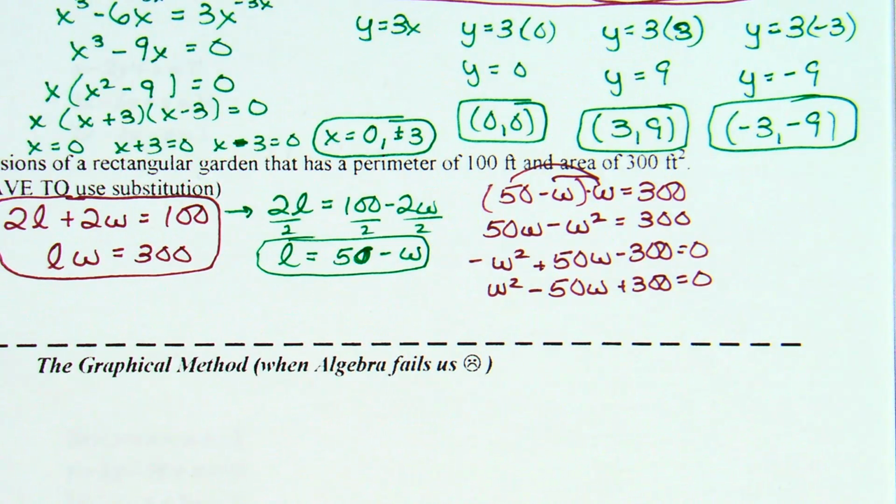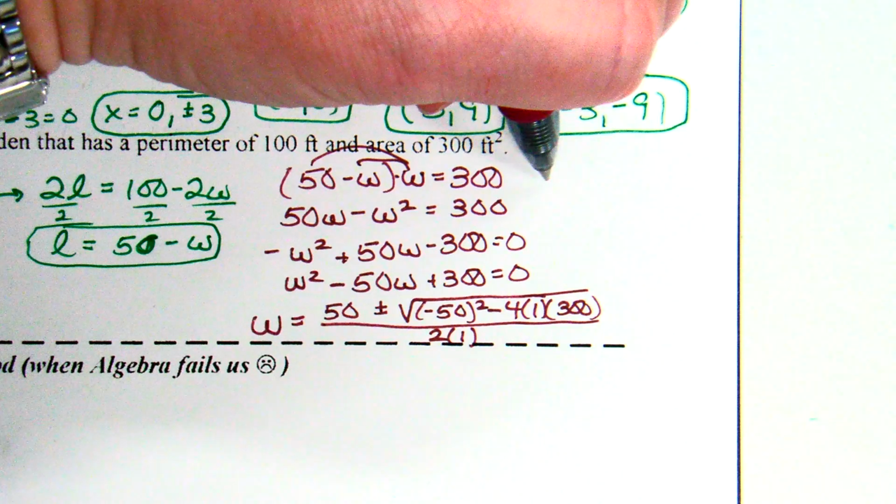Square root of 1,300, is it pretty? I don't think it is. Okay, so if that's a decimal, we're going to have decimal answers here, guys. And that's how it works out. It happens that way. So 50 plus square root of 1,300, all divided by 2.